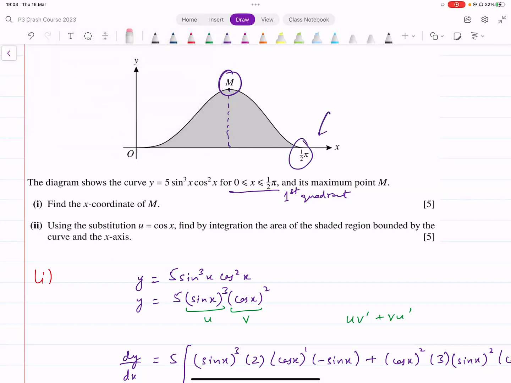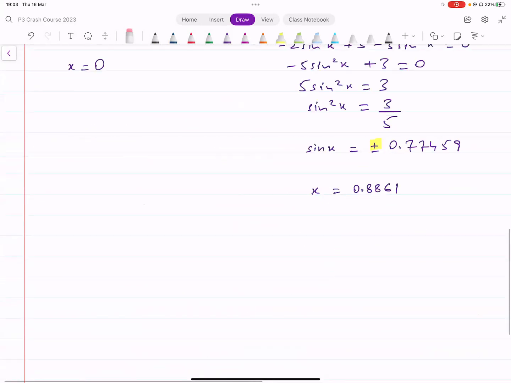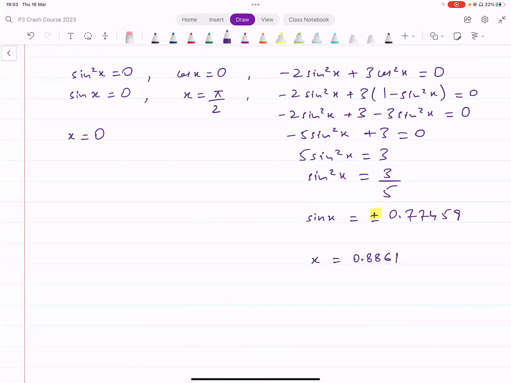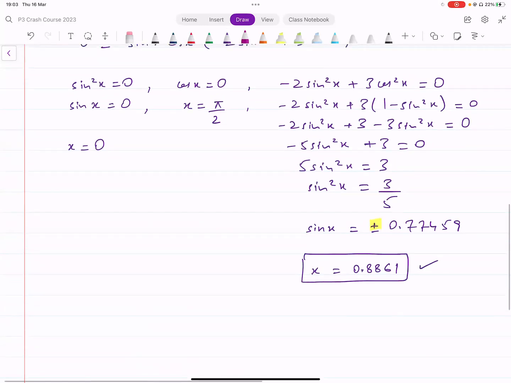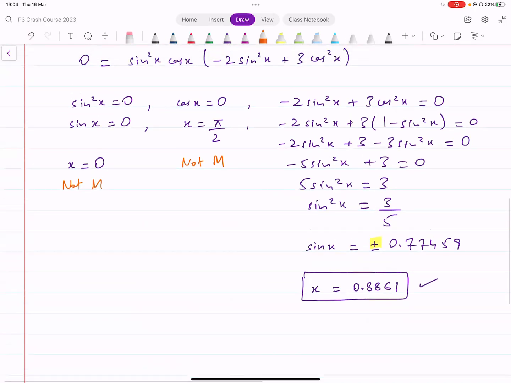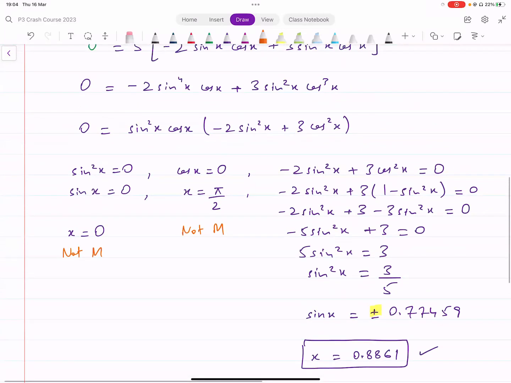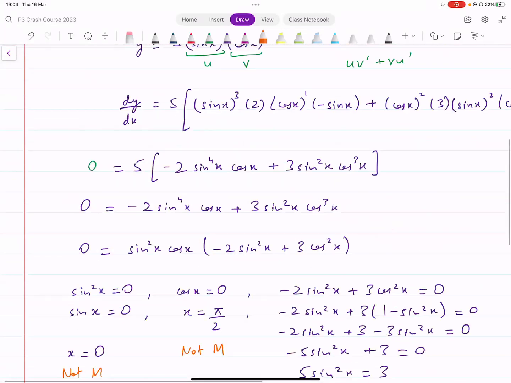It's somewhere between them. So the value that we have here is this one. This is the value of x that we were looking for. This is not M. It's some other value. This is also not M. It's also some other value. Okay. So the x coordinate of M therefore is 0.8861. That is what we were looking for in the first part.